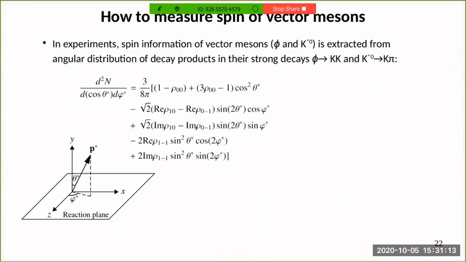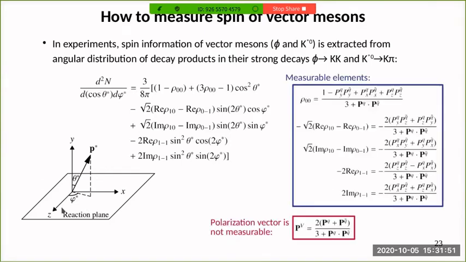In the experiment, the spin information of vector mesons is extracted from the angular distribution of the decay products in the strong decays. The angular distribution is given by this equation. Here, theta is the angle between the decay product and the y direction, and phi star is the angle between the projection of P in the ZX plane and the Z axis.